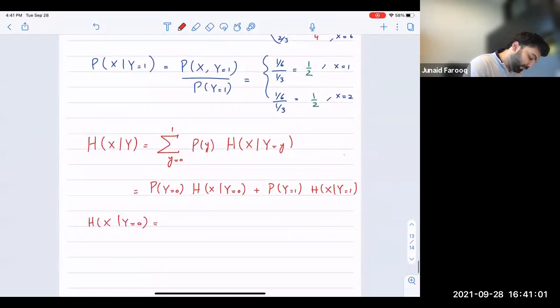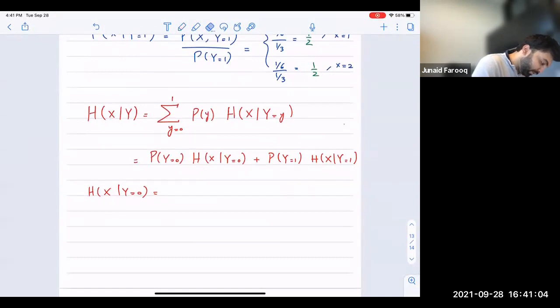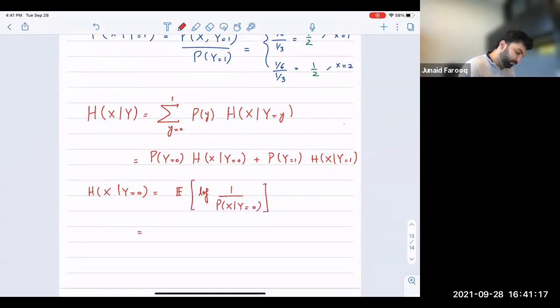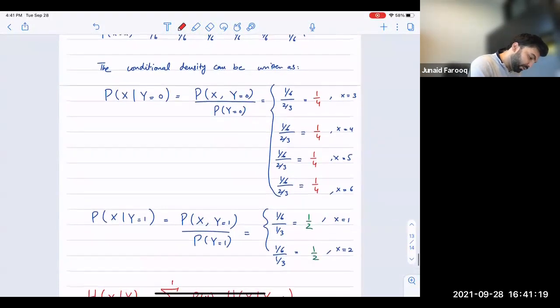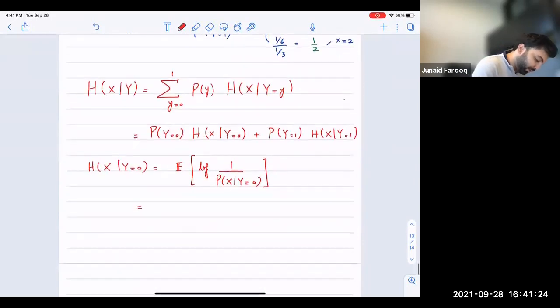You have the density, which is really the expectation of the log of 1 over probability x given y equals 0. So you have the density. That's this one. So it's 4 times 1 over 4 times log 2 of 4.